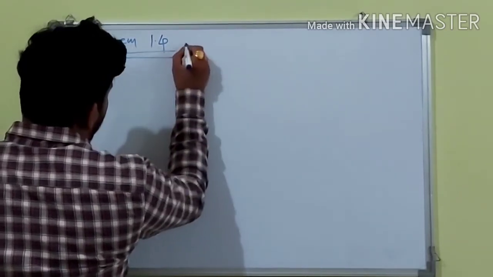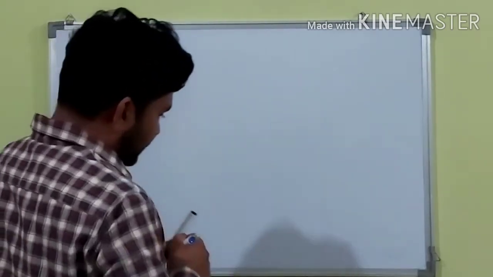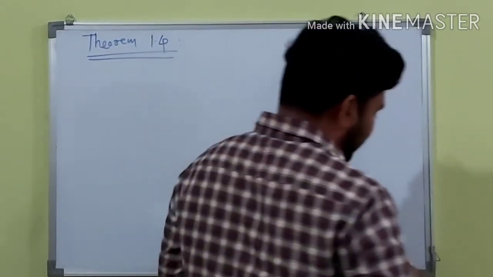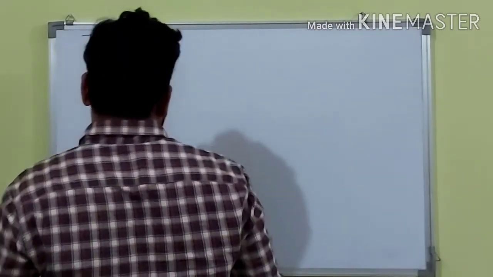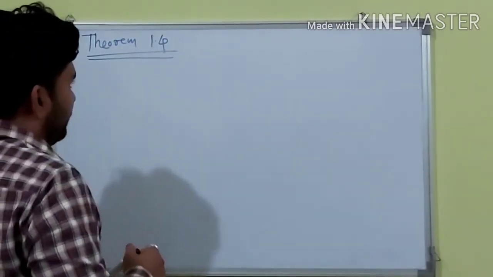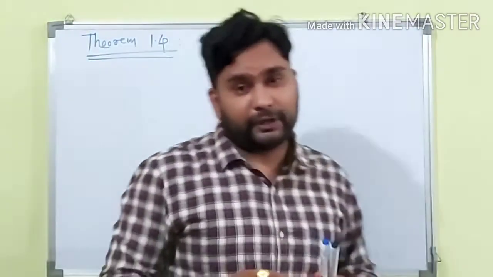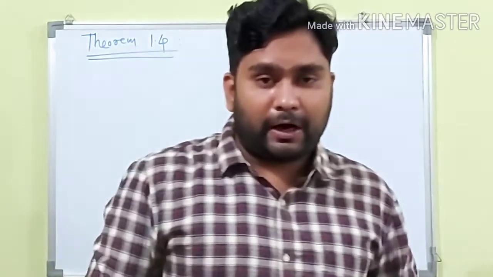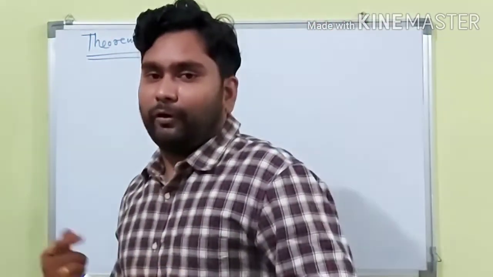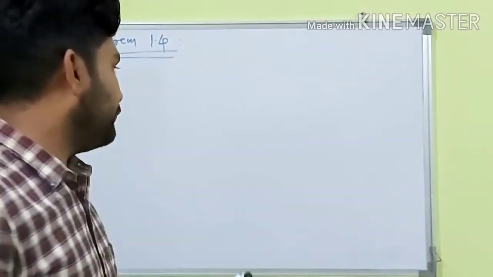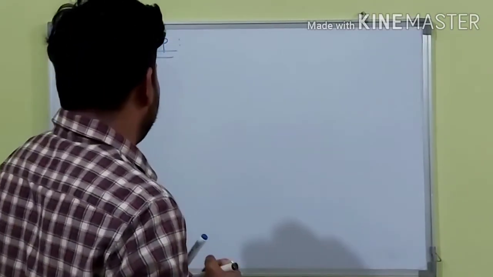Through this you can solve exercise 1.3 first question, and you can also conclude that under root 3 is an irrational number. Now I will tell you only how to show that under root 2 is an irrational number.